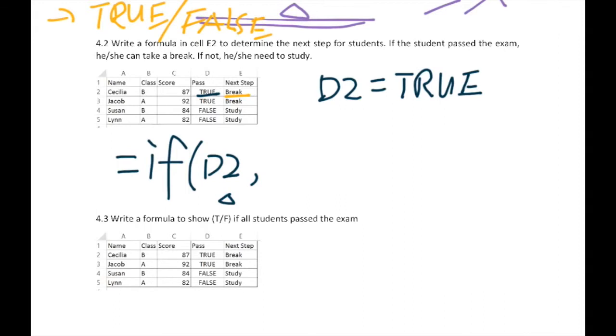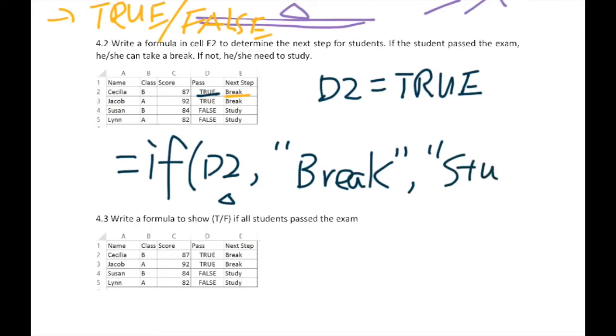If D2 is true, then you should input brick. If not, then study. For example, here, brick and study, the computer does not know what that means. So you should add a quote here to tell the computer that this is something you want to just output as words. But if you're doing the true, do not have any quote.